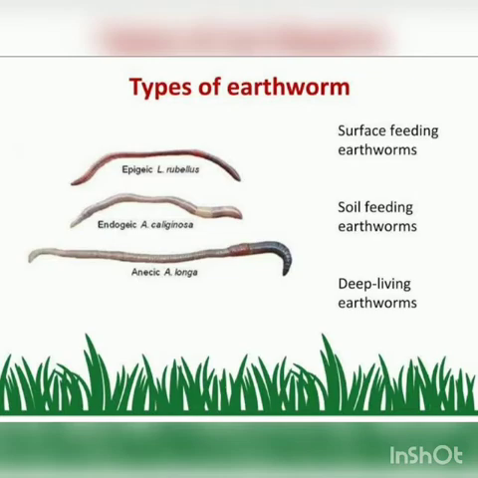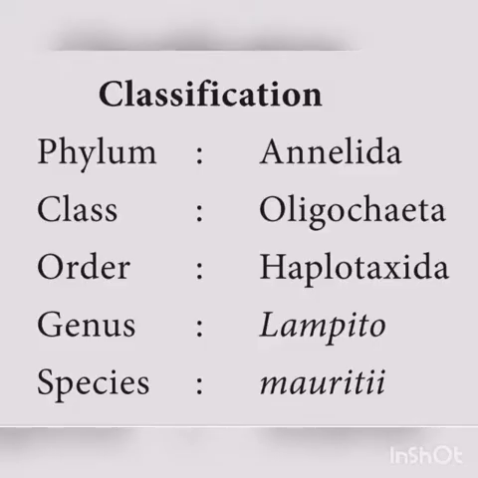If you see the classification, it belongs to phylum Annelida, class Oligochaeta, order Haplotaxida, genus Lampito and species mauritii. So you should note the classification. If you see the external or morphological characters of this Lampito mauritii, it has a long and cylindrical narrow body which is bilaterally symmetrical.